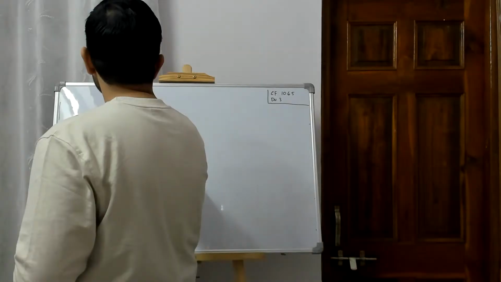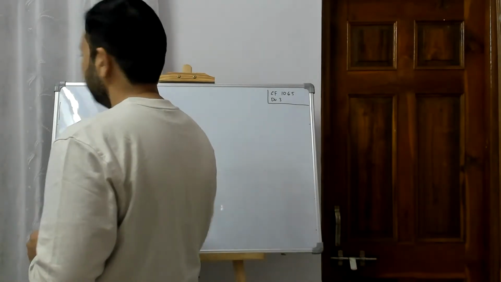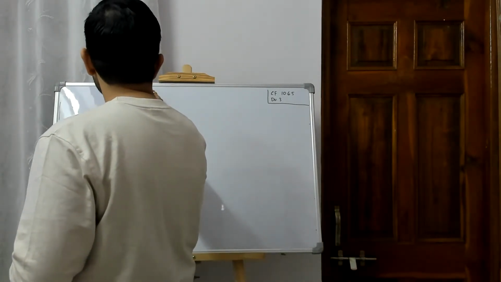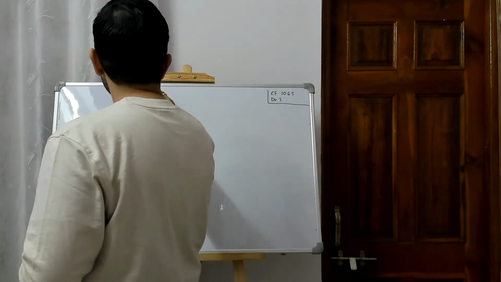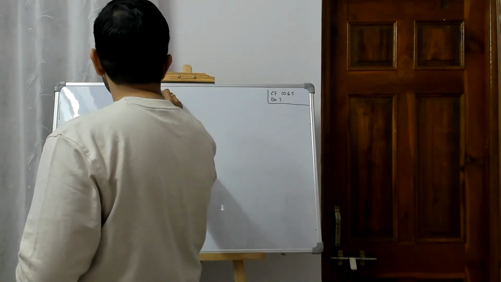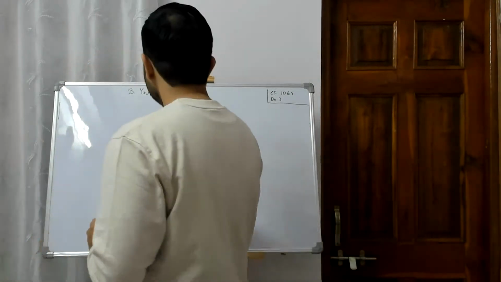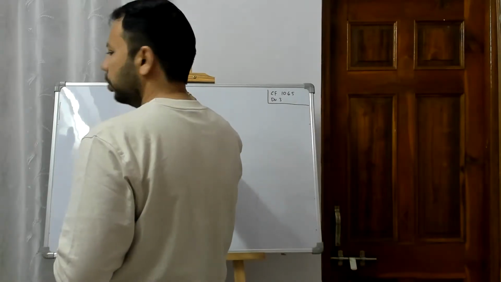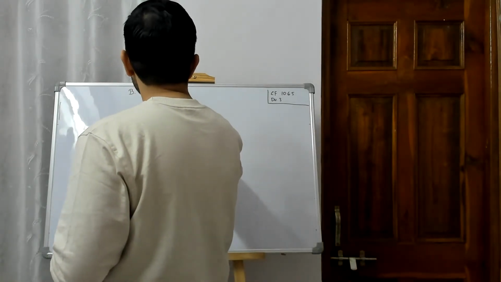This is question number B, which is Yuuko, and minimum absolute sum.